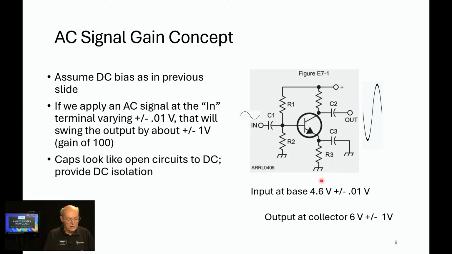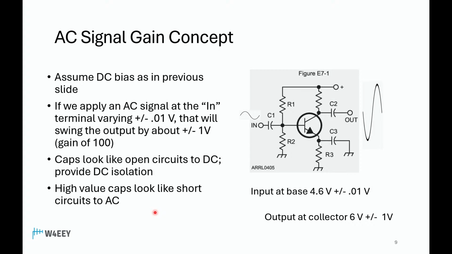The emitter is the shared element, making it the common emitter. And as I mentioned, the high value cap will look like a short circuit to AC. So the entire output is developed up here. You'll have a lot more output out of this circuit if C3 is in place.